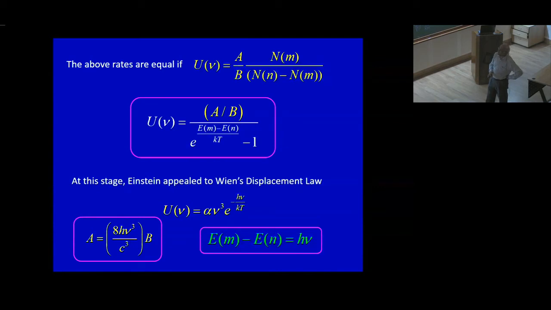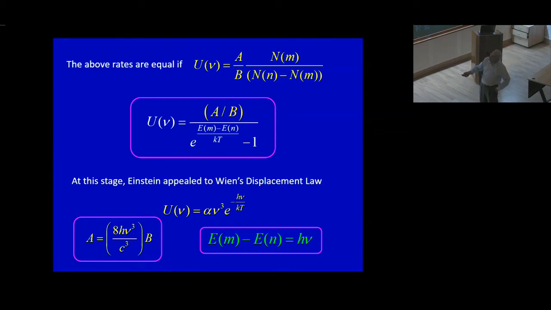At this stage, Einstein appealed to Wien's displacement law. What Wien had shown was that at high frequency, the energy density U nu is alpha nu cube into e to the power minus h nu over kT. You remember that? We had written it in the beginning.